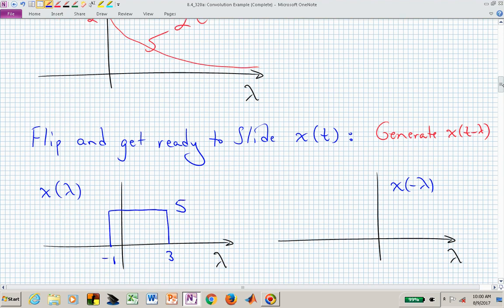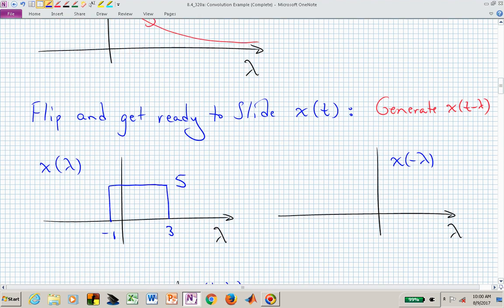That's x of lambda. X of minus lambda isn't that hard because x of lambda is constant in terms of its functional form. Now all I need to do is rotate or flip x of lambda relative to this vertical axis at lambda equal to 0.